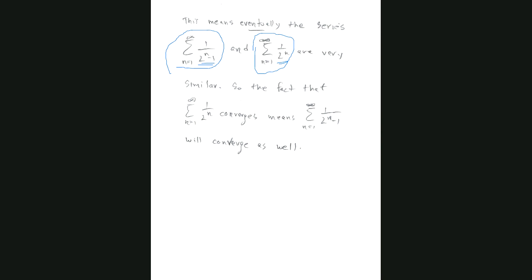All those terms are going to be very similar to each other between the two series. And so the convergence of the one series implies the convergence of the other series. Does that make reasonable sense? Or are there any questions on that?